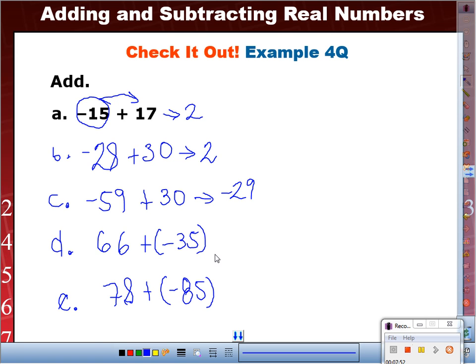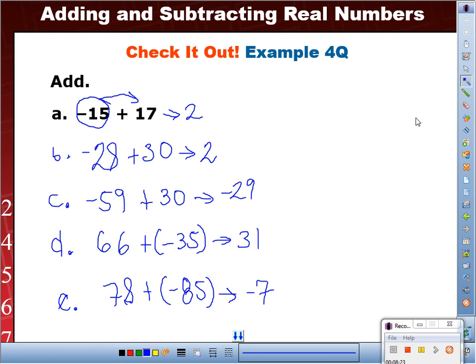D. Carlos. 31. Hands if you got 31. That is correct. And E. Jose. Negative 7. Hands if you got all 5 of them. 4. 3. Okay, not bad, not bad. So, any questions?